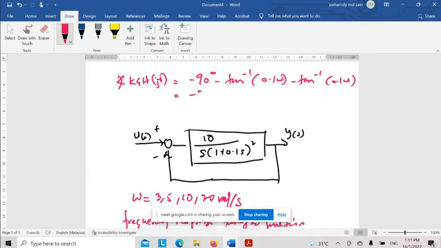So we have negative 90 minus 2 tangent inverse 0.1 omega.